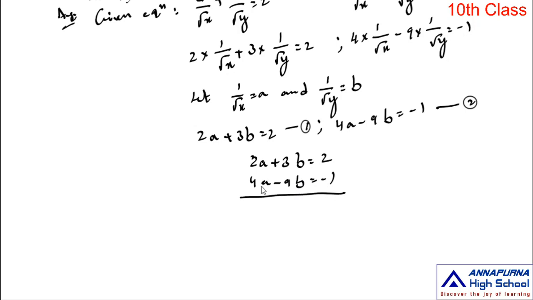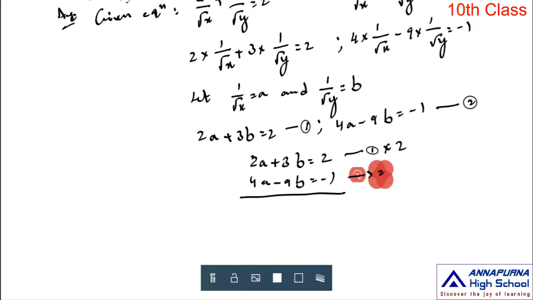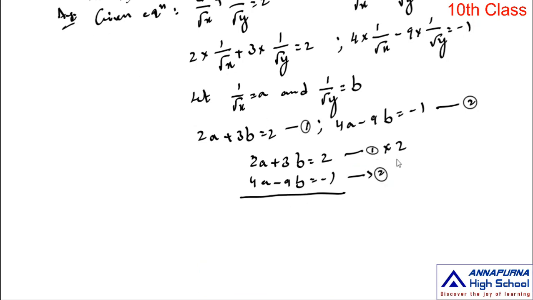To eliminate the variable a, I multiply the first equation by 2 only. I do not multiply the second equation with any number. So 2 into 2a, 4a plus 3b into 2, 6b is equal to 4. And 4a minus 9b is equal to minus 1.